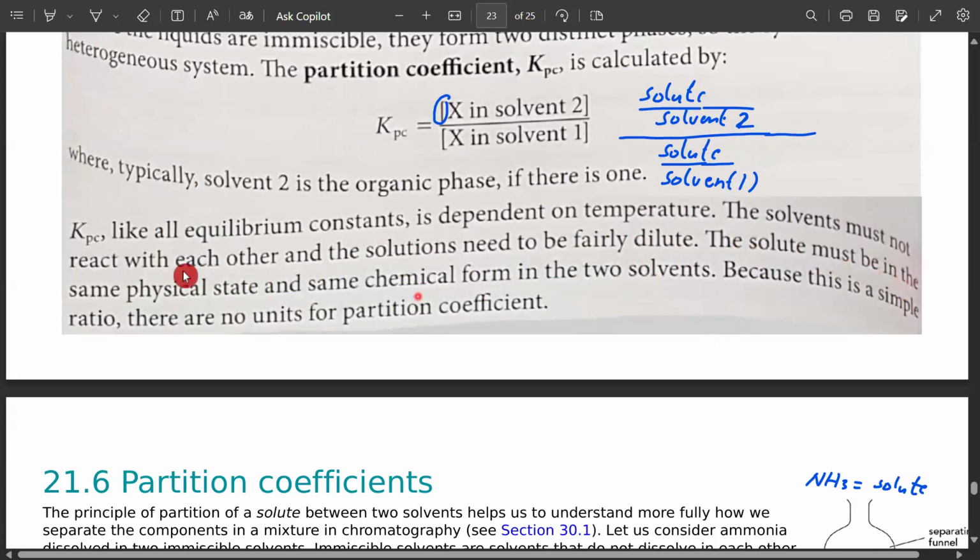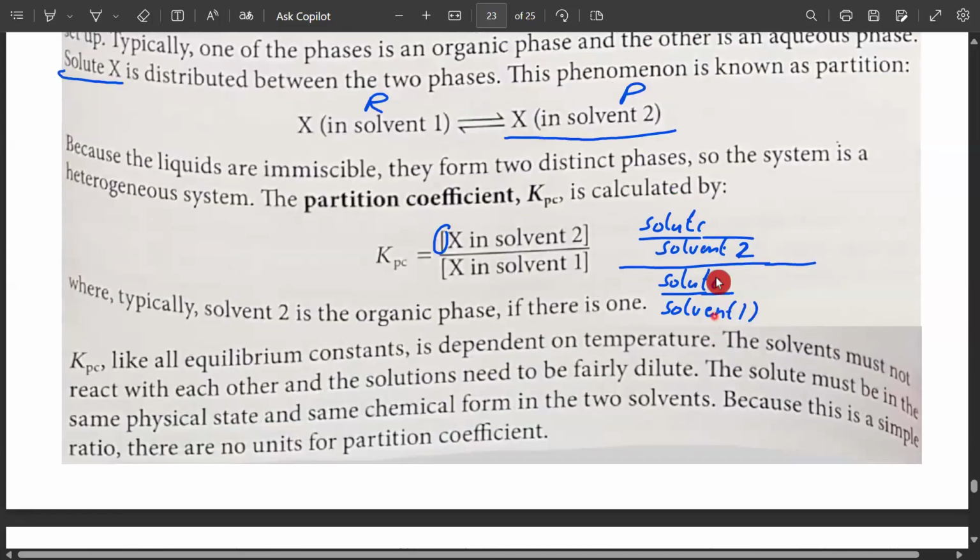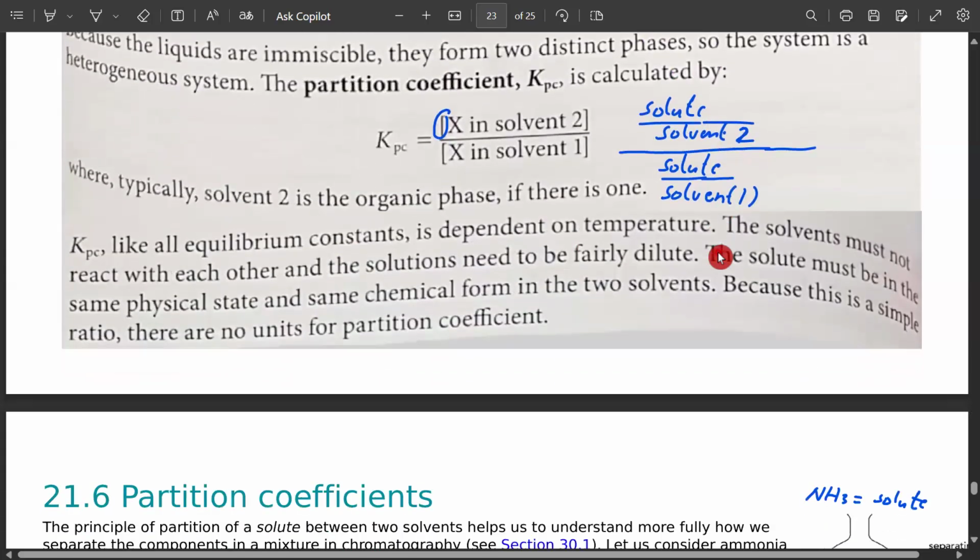The solute must be in the same physical state and same chemical form in the two solvents. So it should not be different in solvent 1 or solvent 2. It should remain in the same physical state and same chemical formula. Because this is a simple ratio, there are no units of the partition coefficient. So yes, it's a ratio, so no units are there.